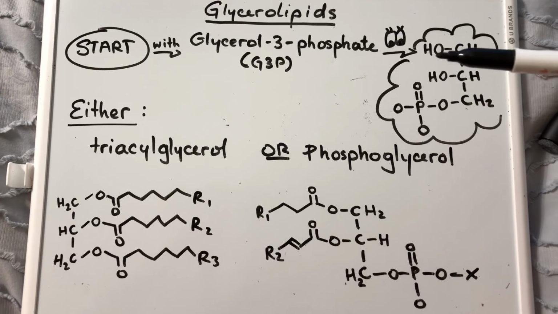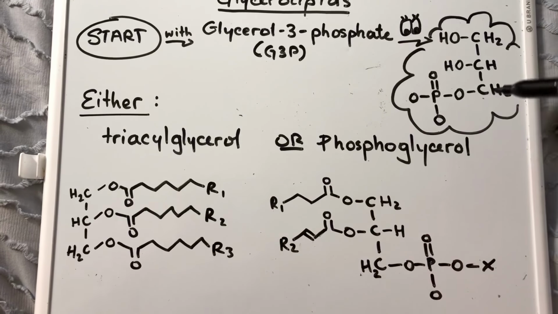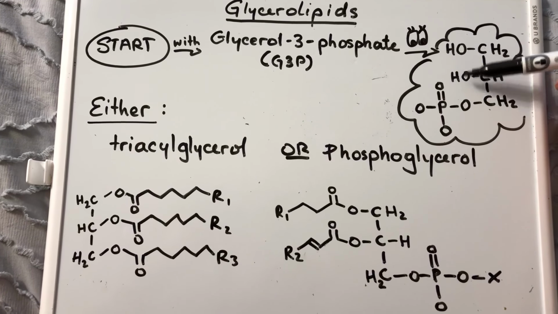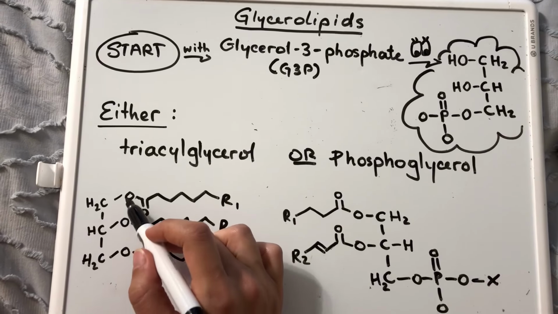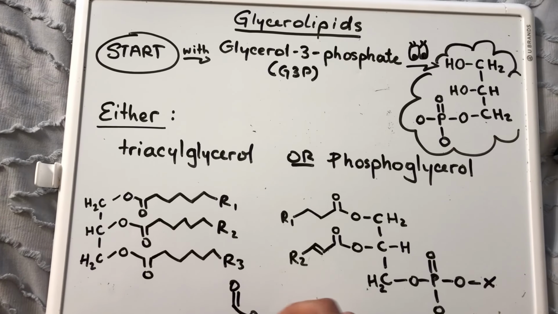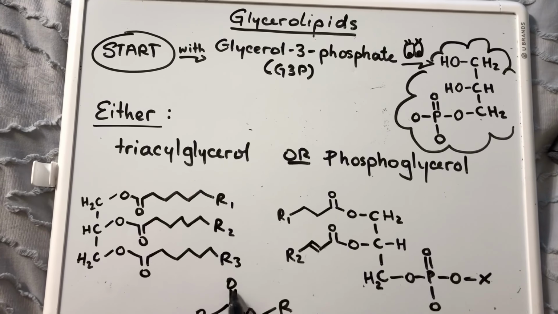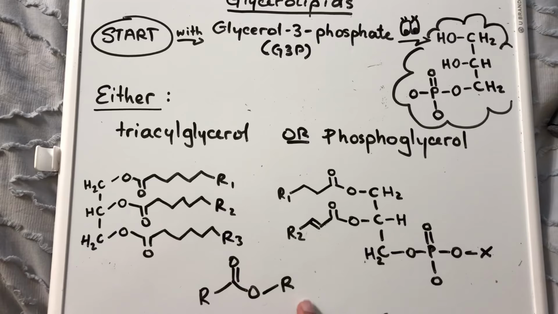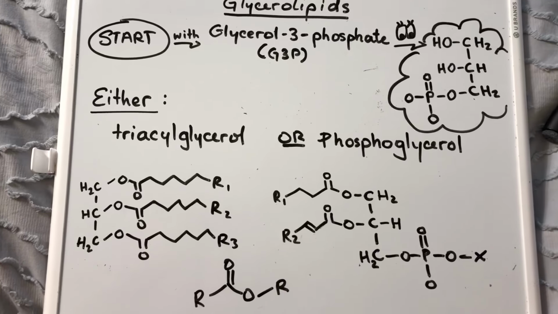So then G3P can be acylated, and if all three positions here are acylated, you create triacylglycerol. So here you have 3 esters. An ester is carbonyl OR. That's an ester. Sorry, I drew these in line stick form, so that might be something to go over if you're not familiar with the different ways I drew the structures.